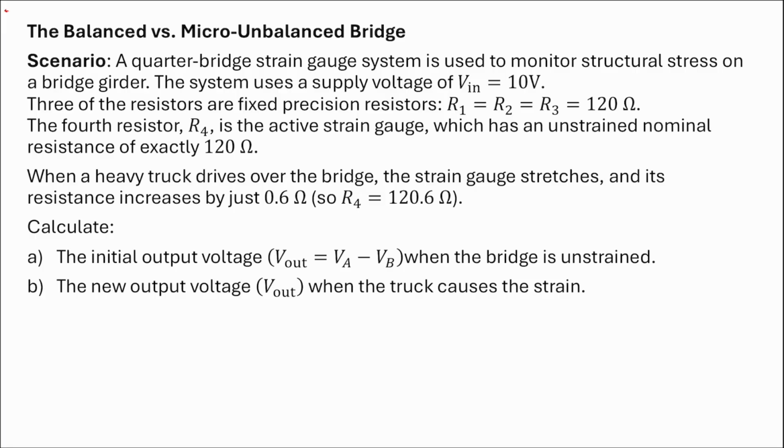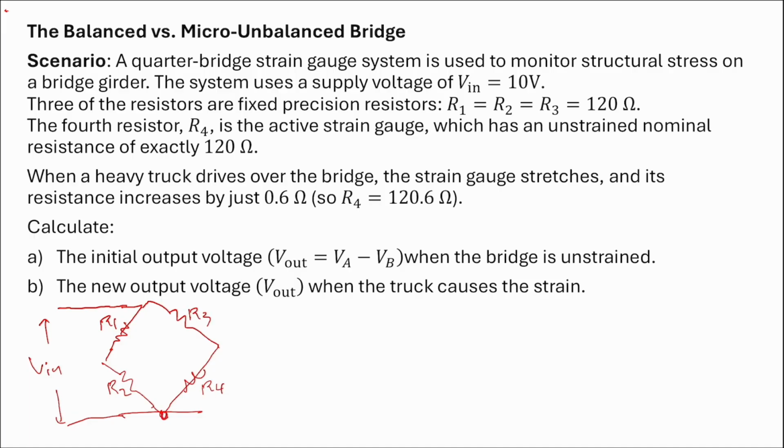Now, what is the Wheatstone bridge? Usually, the Wheatstone bridge is drawn like this. This is V in, and then if we draw it like this, this is R1, R2, R3, R4.